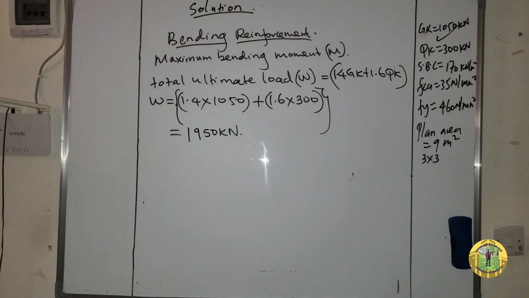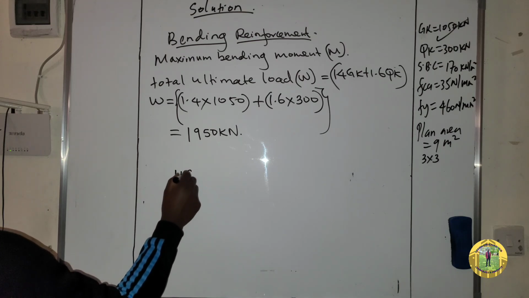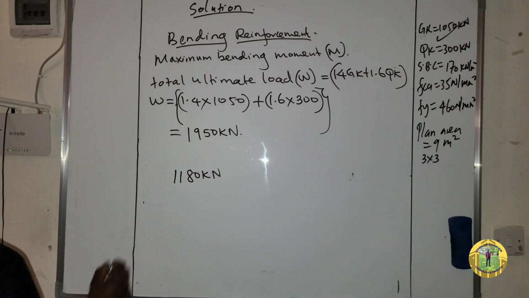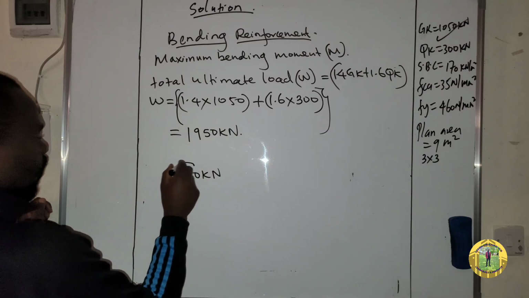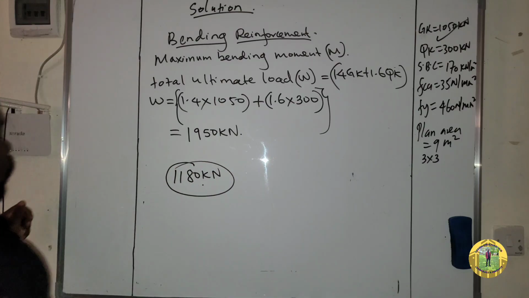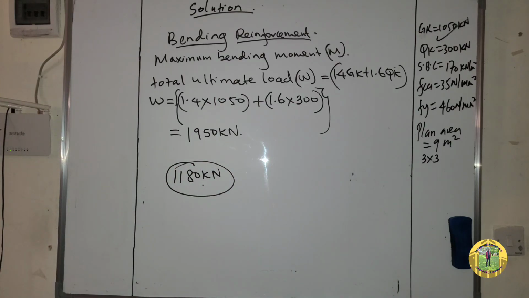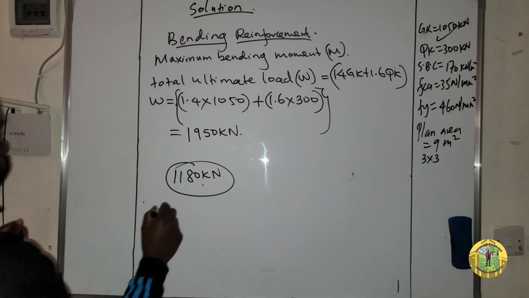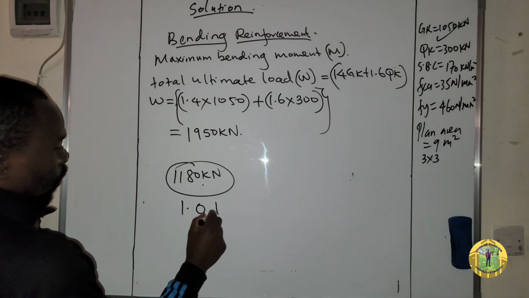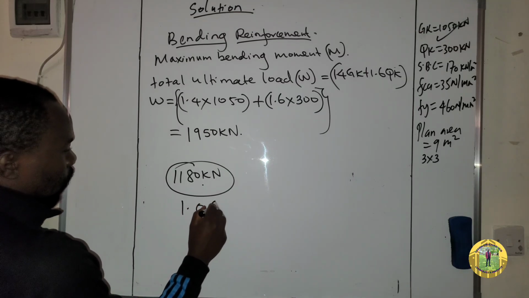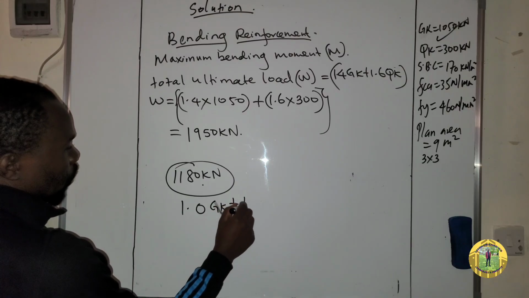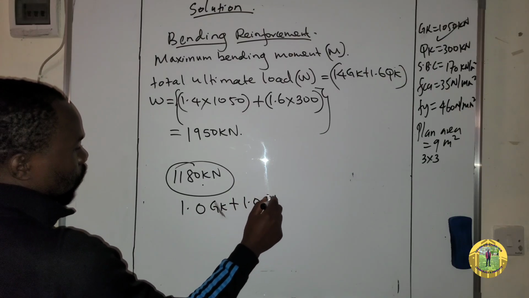It was 1180. So this 1180 is only used for serviceability load. This one is used to calculate the serviceability load, which is 1.0 GK plus 1.0 QK.